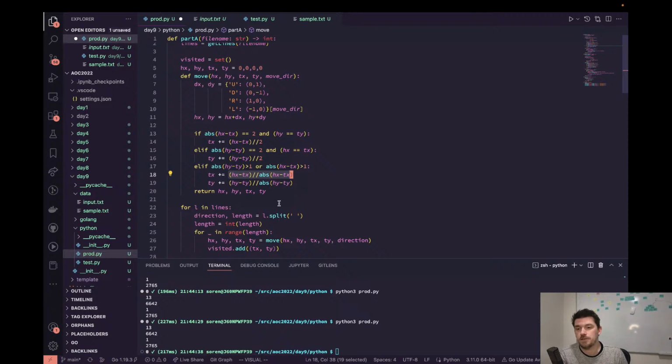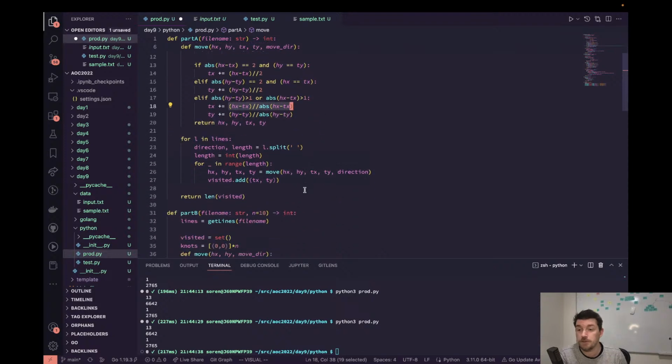And then I return the head x and the tail x, the head and tail positions.